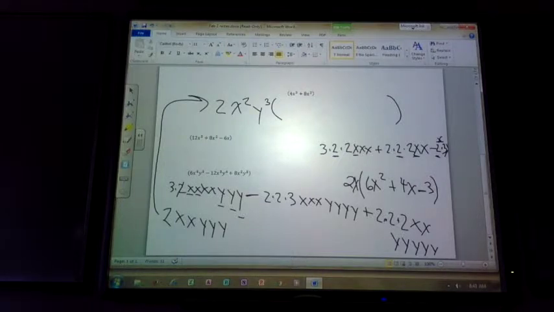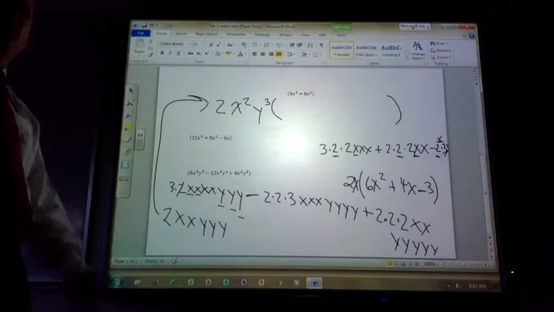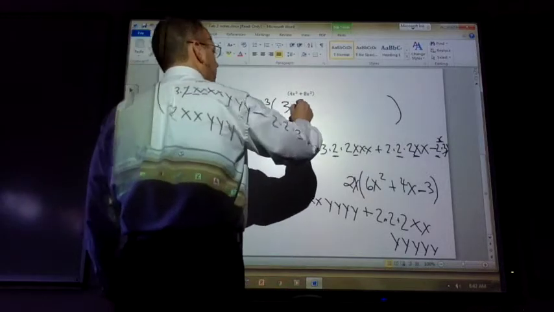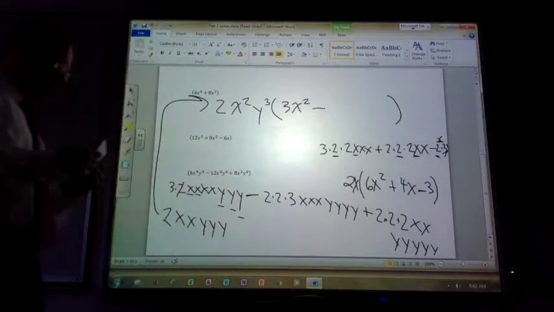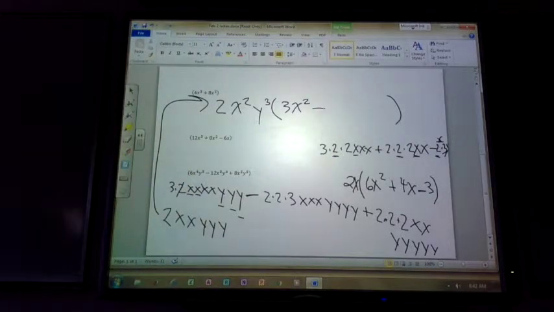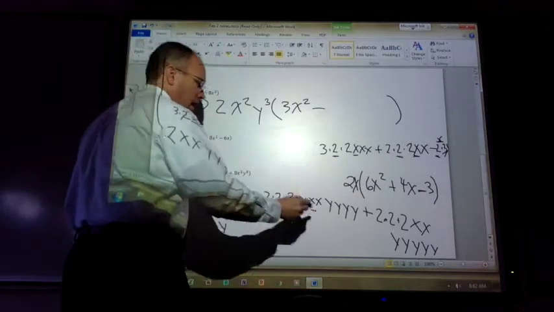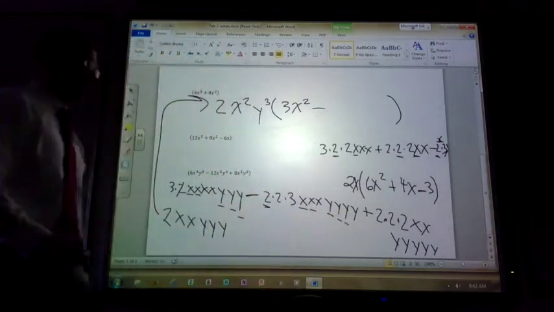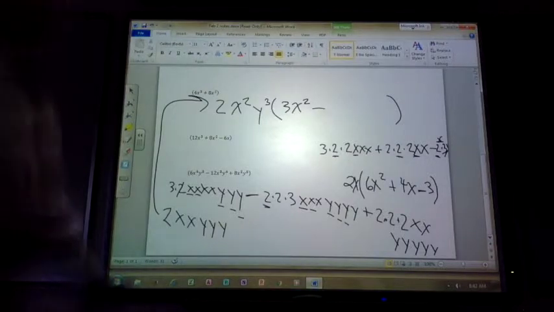X. How many x's? 2 of them, and I also have a 3. So 3xx. 3xx is 3x squared. Sweet. The minus sign's got to come along for the ride. Preston, if I factored out a 2, an x squared, and a y, what do I have left on that second term? 6xy. I like it.